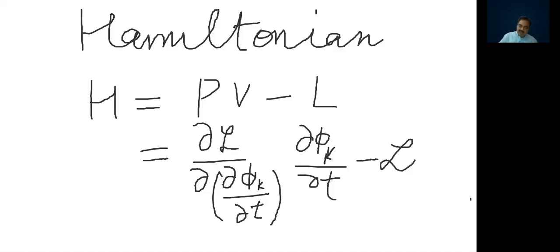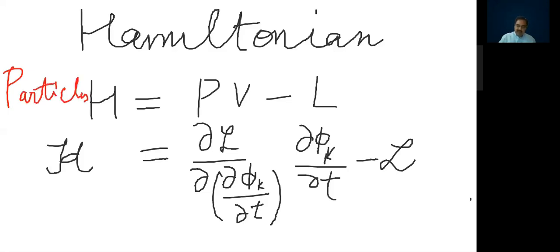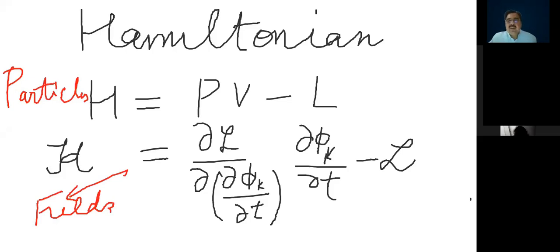On the left, we have defined a quantity which is the Hamiltonian density. The first case refers to the particles, and the second case refers to the fields. You can see how things are generalized when we go from the particles to the fields.